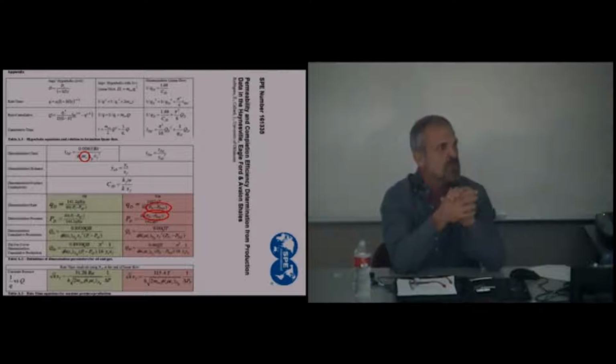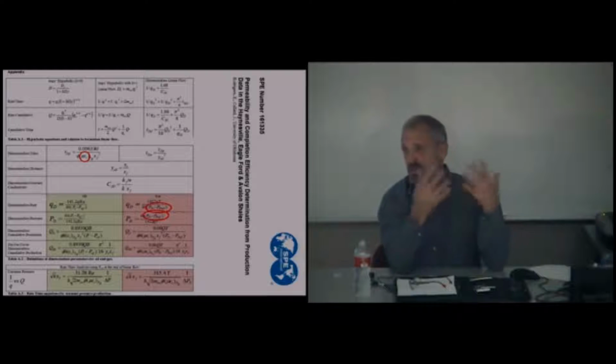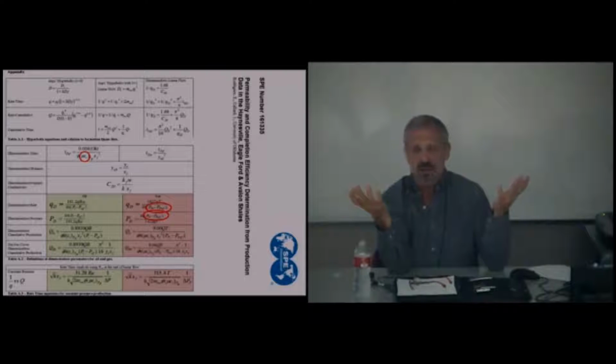It's pseudopressure. So pseudopressure is this magic snake oil that, when used instead of pressure, allows us to use all the liquid equations that we used to use, because in the early days we only produced oil. Gas we just invented. I'm talking about before I was born.